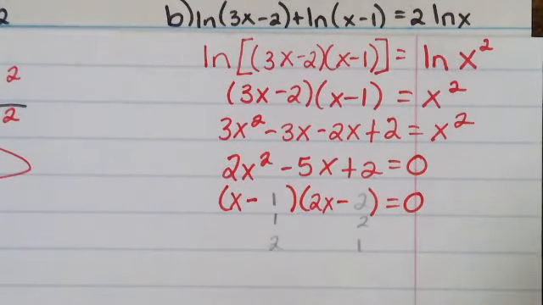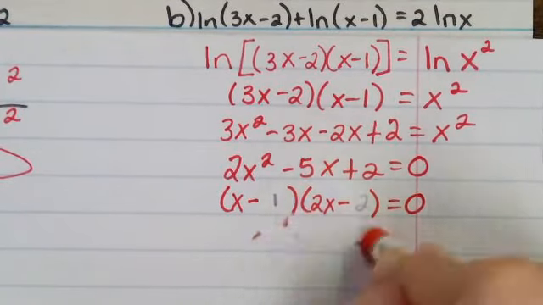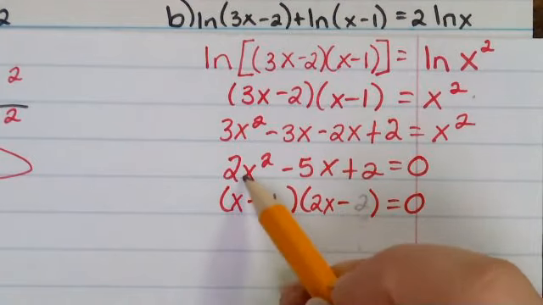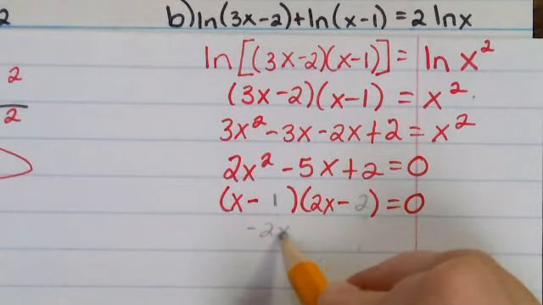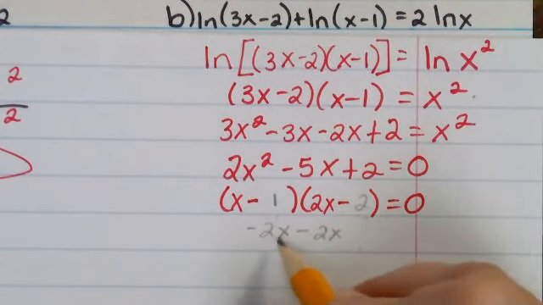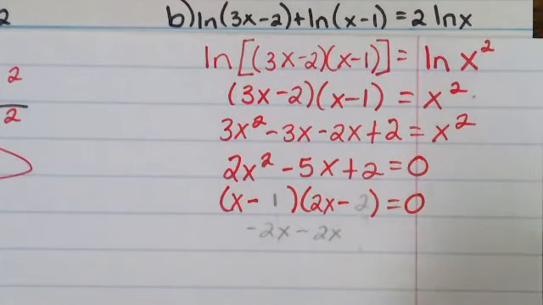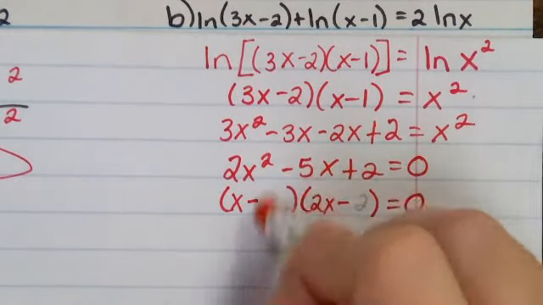If I put the 1 and then the 2, well, if I do it in this order, I want us to think about what that is to FOIL it out. First times first, 2x squared, perfectly fine. Outside times outside, that's a -2x. Inside times inside, -2x. If you add a -2x and a -2x, that does not make -5x, and there's a problem. Therefore, let's swap them.